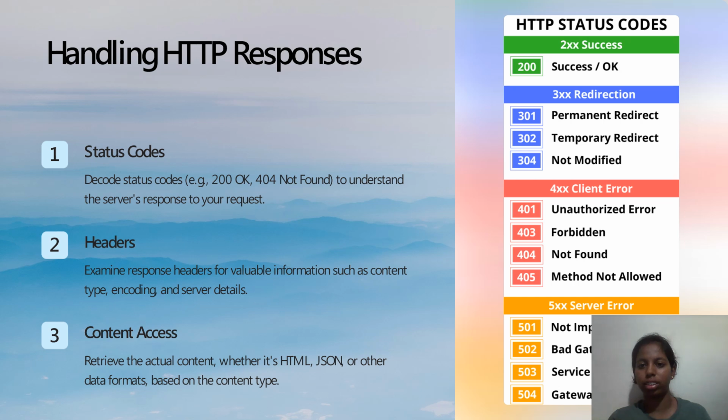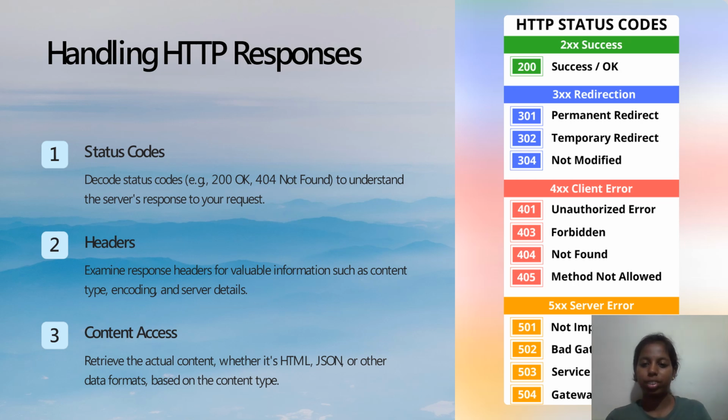We have HTTP status codes, which are like short forms. The response is sent as a short code by the website. So let's see them. 200 means success or OK. In the 300s, 301 is permanent redirect, 302 is temporary redirect, and 304 is not modified.